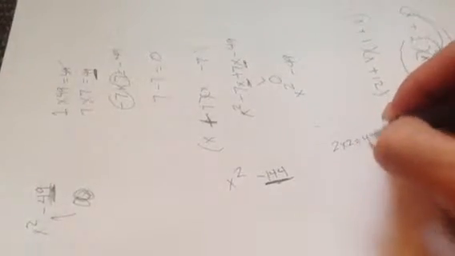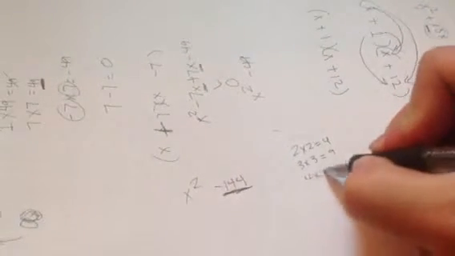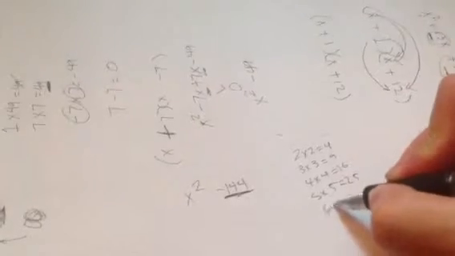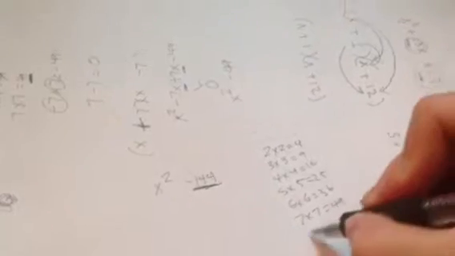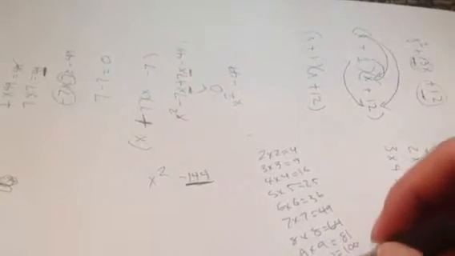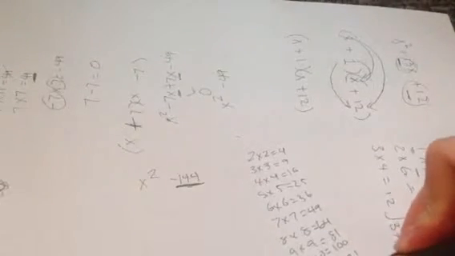So like 2 times 2 equals 4, 3 times 3 equals 9, 4 times 4 equals 16, 5 times 5 equals 25, 6 times 6 equals 36, 7 times 7 equals 49, 8 times 8 equals 64, 9 times 9 equals 81, 10 times 10 equals 100, 11 times 11 equals 121, and finally 12 times 12 equals 144.